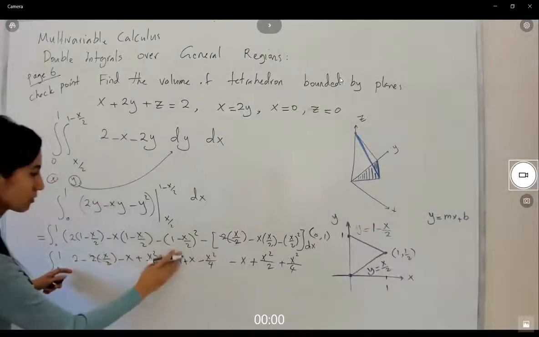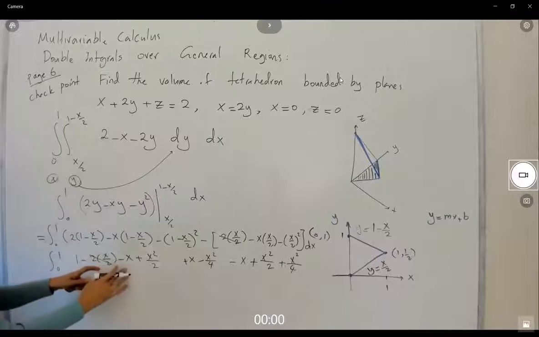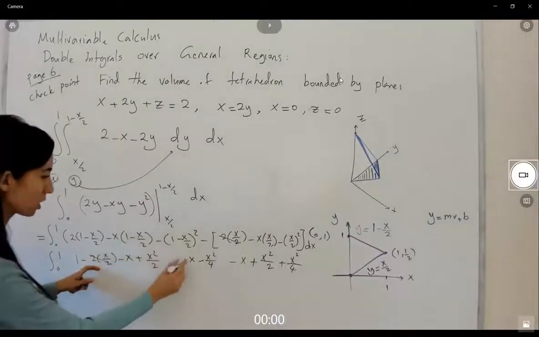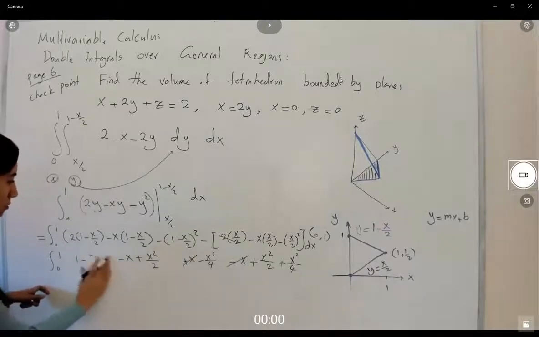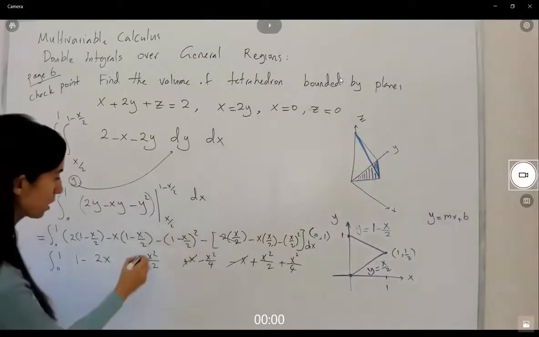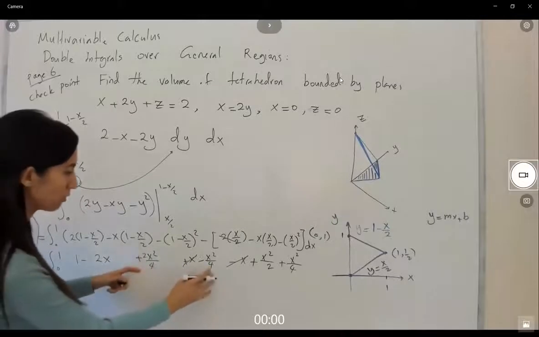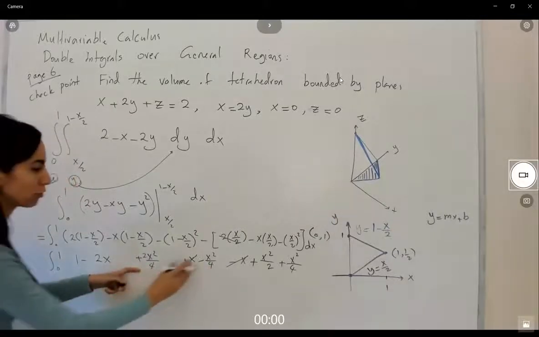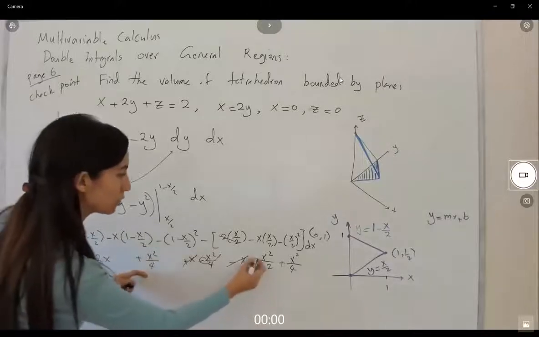2 minus 1 gives you 1. Then here you have negative 2x, and here you can cancel out these two, negative 2x. Then you get x squared, 2x squared over 4, x squared over 4, so you get 1x squared over 4. Then here you have x squared over 2.